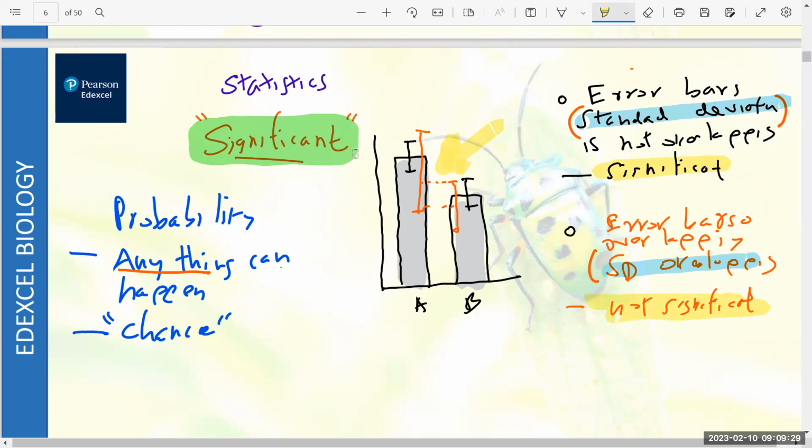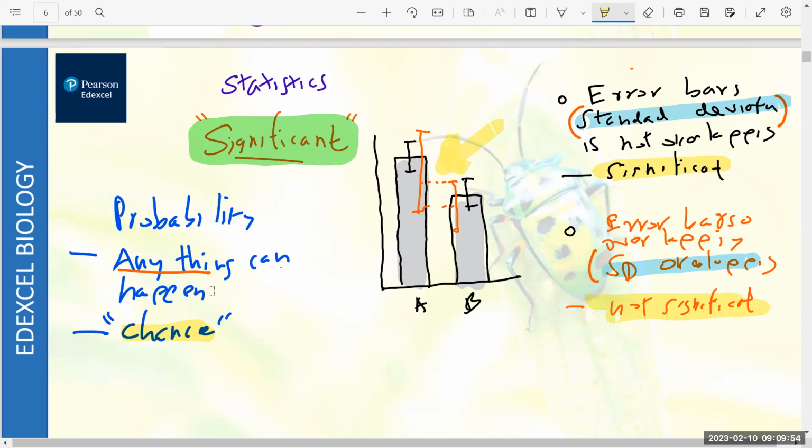But when it comes to higher level statistics, we use another method to analyze it. The significance is about chance. So we are trying to understand the probability; for any event, there is a probability.